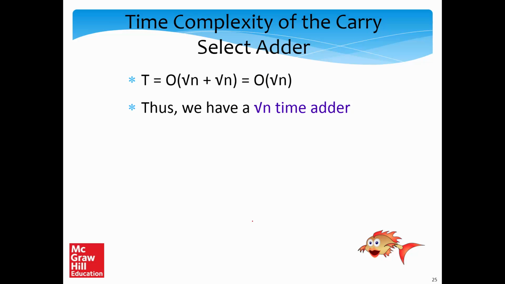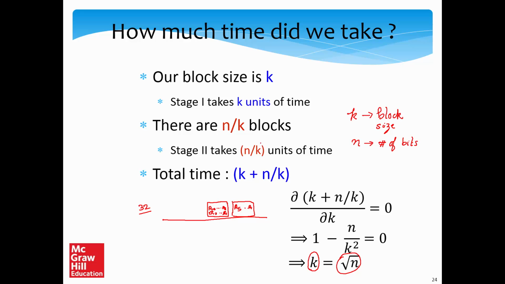And what is the fastest possible time? It's essentially k plus n by k, and when k is equal to square root of n, this becomes square root of n plus n divided by square root of n, which is 2 times square root of n. This can be written in approximate notation as order of square root of n, because all additive and multiplicative constants are ignored.